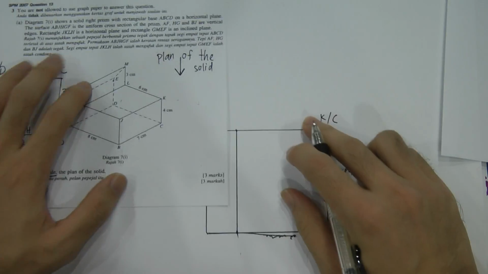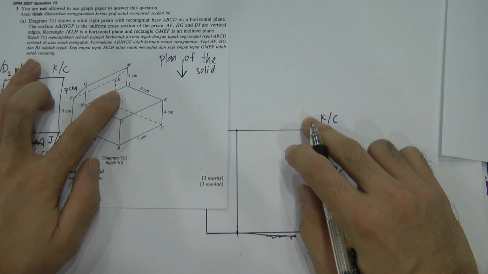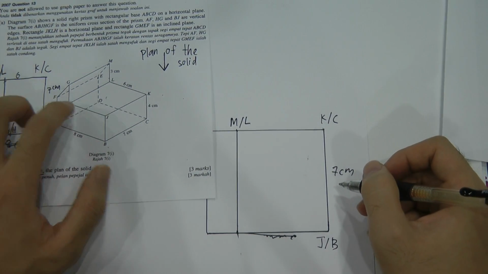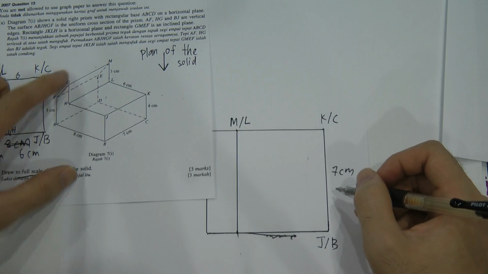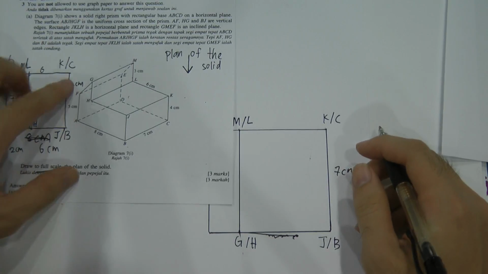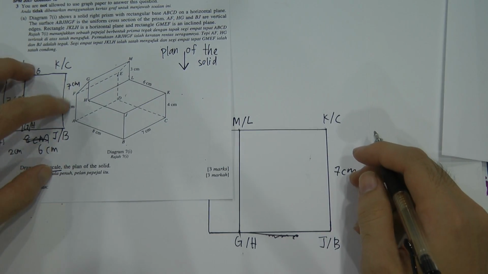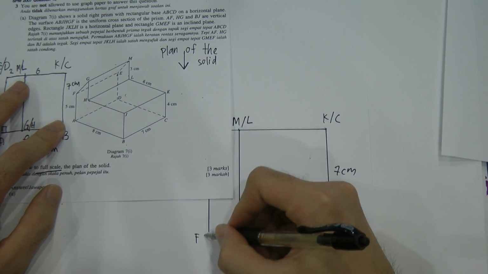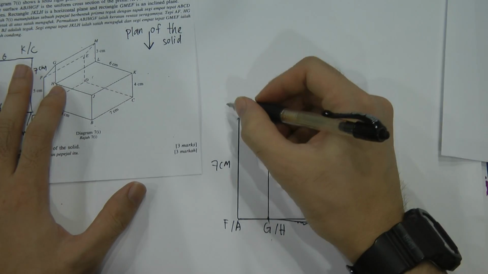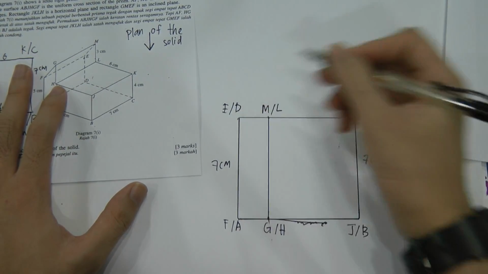This one from the top I will see M first, then only L, so it's M slot L. This one from the top I will see G first, then only H, so it's G slot H. This one from the top I will see H, then only A, so H slot A. This one same, I will see E, then only D, so it's E slot D.